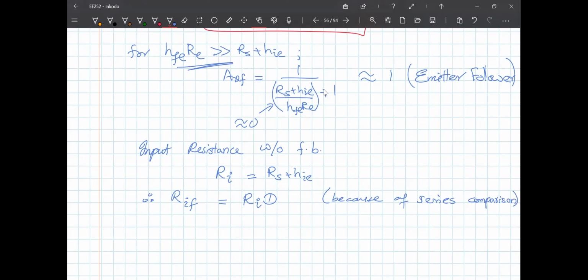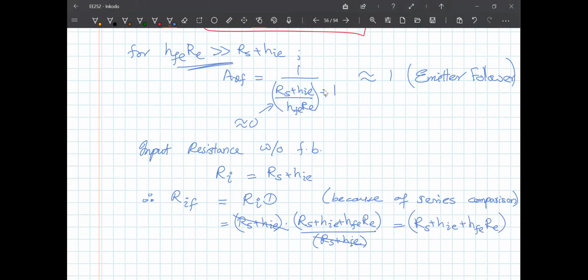So this should be equal to RS plus HIE times D. D is RS plus HIE plus HFE RE divided by RS plus HIE. So I can get rid of this. This will be equal to RS plus HIE plus HFE RE.